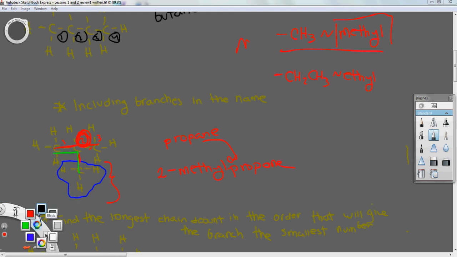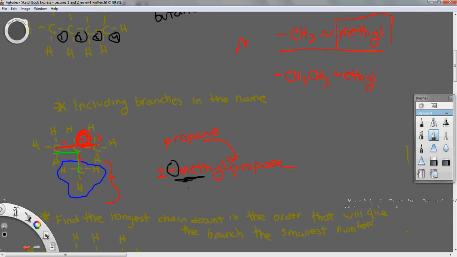So take note that there's always a hyphen between the number and words, and between numbers it's going to be commas, so 2,3,4-methyl, blah blah blah blah.